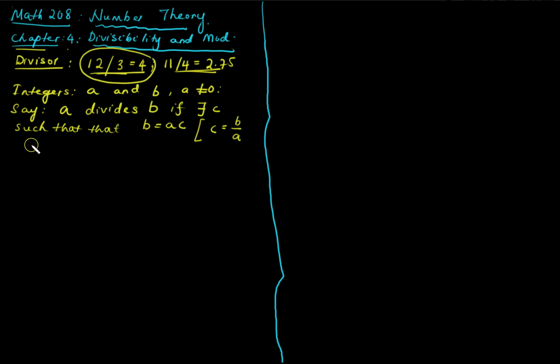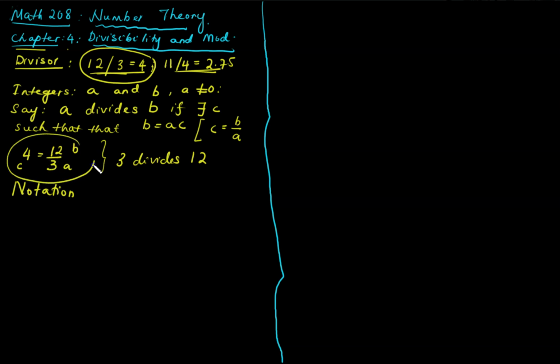So in this case, 4 equals 12 over 3, right? In other words, A divides B. This is your B, this is your A, this is your C. So we will say 3 divides 12. Is that correct? The notation, you have to be careful. 12 divided by 3 is 12 over 3.